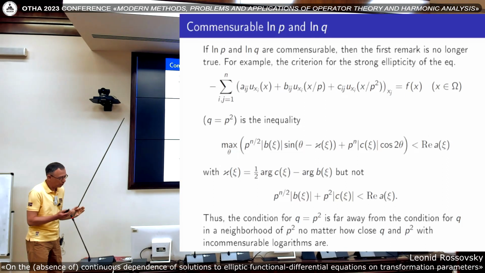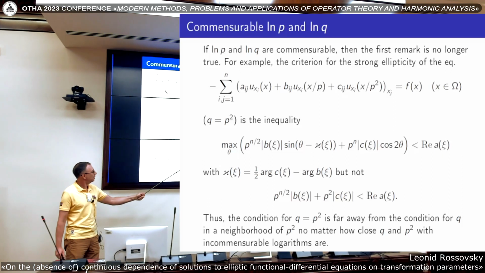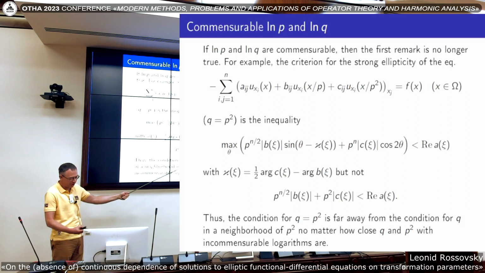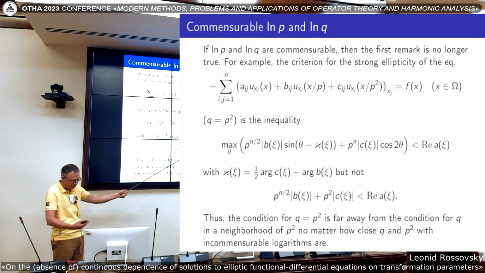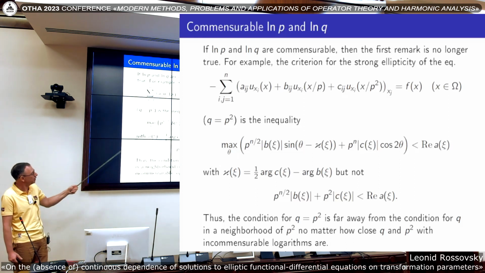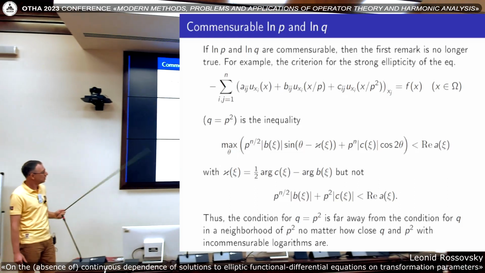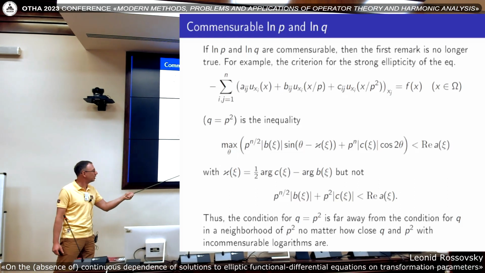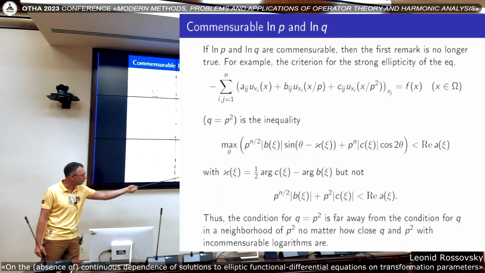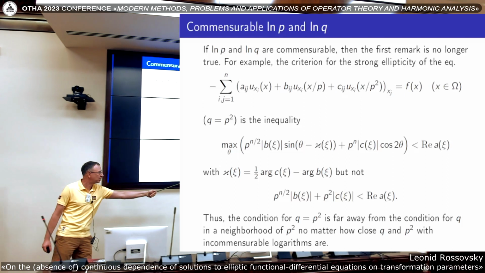So we cannot just put here P squared instead of Q. We get a very distinct inequality in this case. So the condition for Q equal to P squared is far away from the condition for Q in a neighborhood of P squared, no matter how close they are.